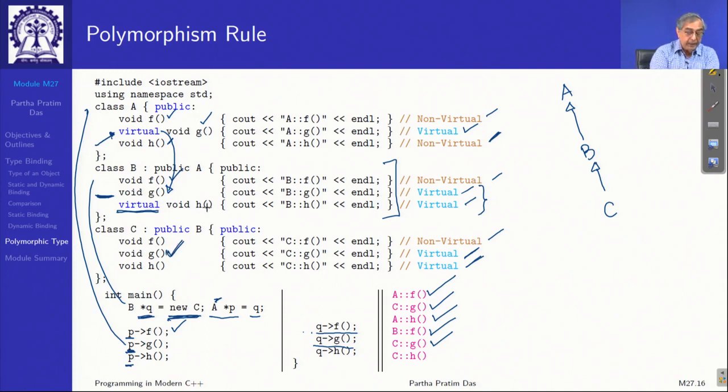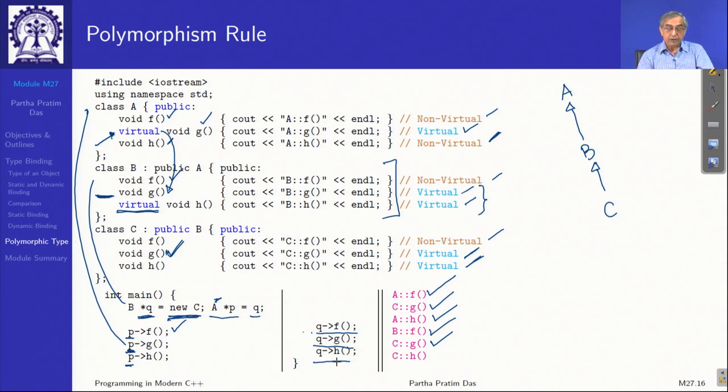Finally, it is Q pointer H, which was not inherited as virtual, but has been defined as virtual in the class B. So, Q will treat this as a virtual function now.